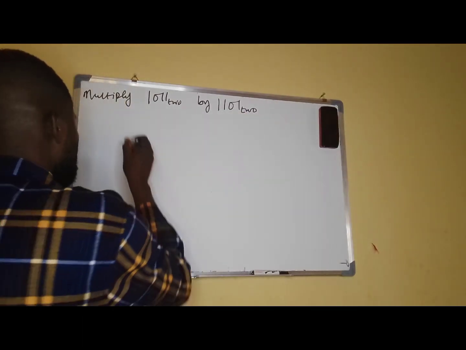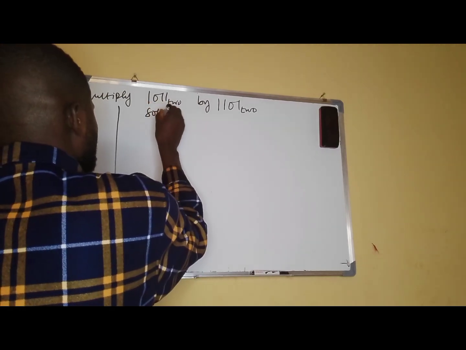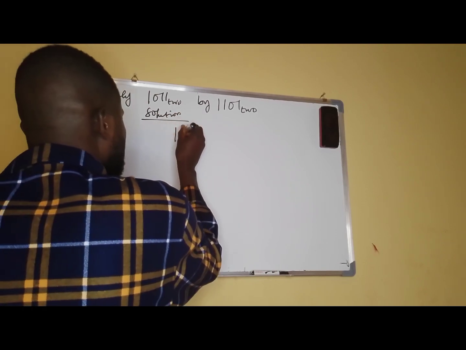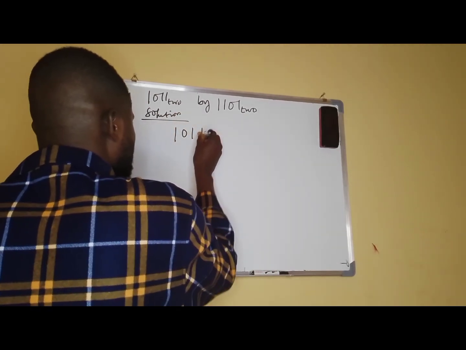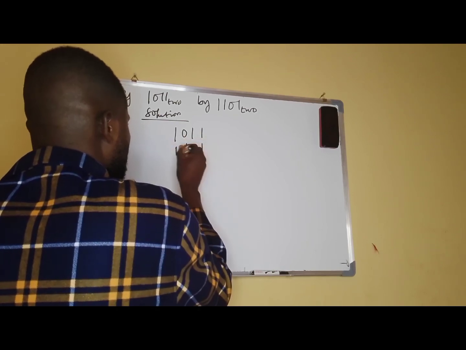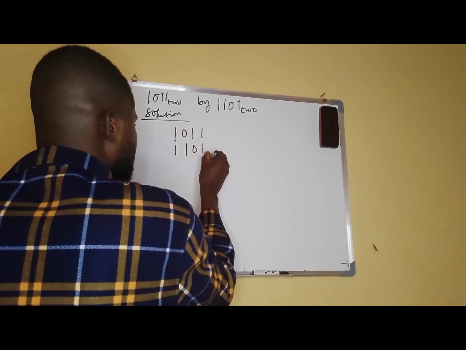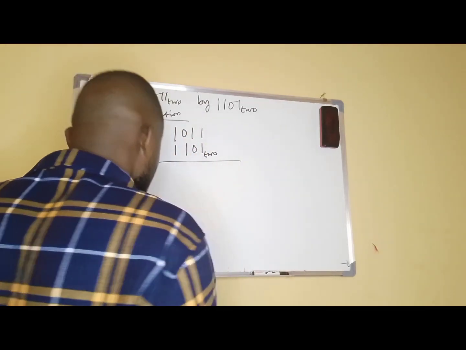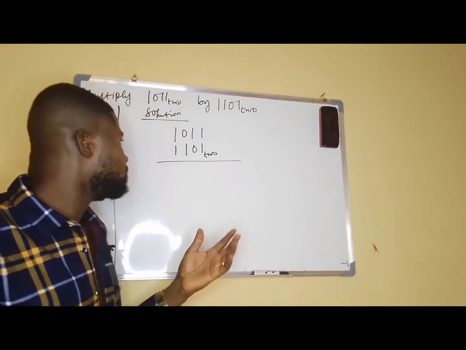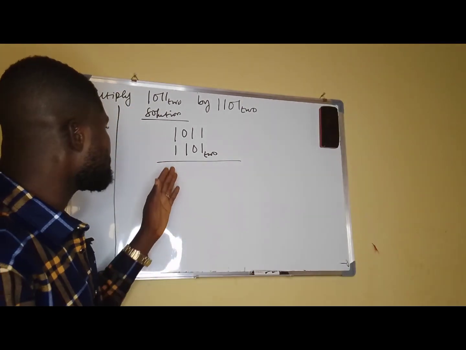You start your solving by saying 1011 by 1101, all in base 2.